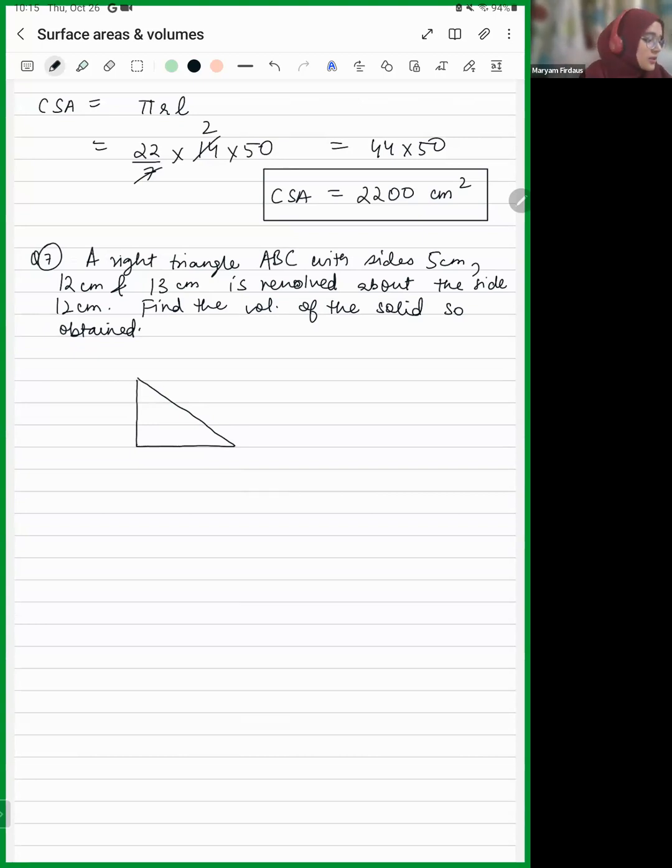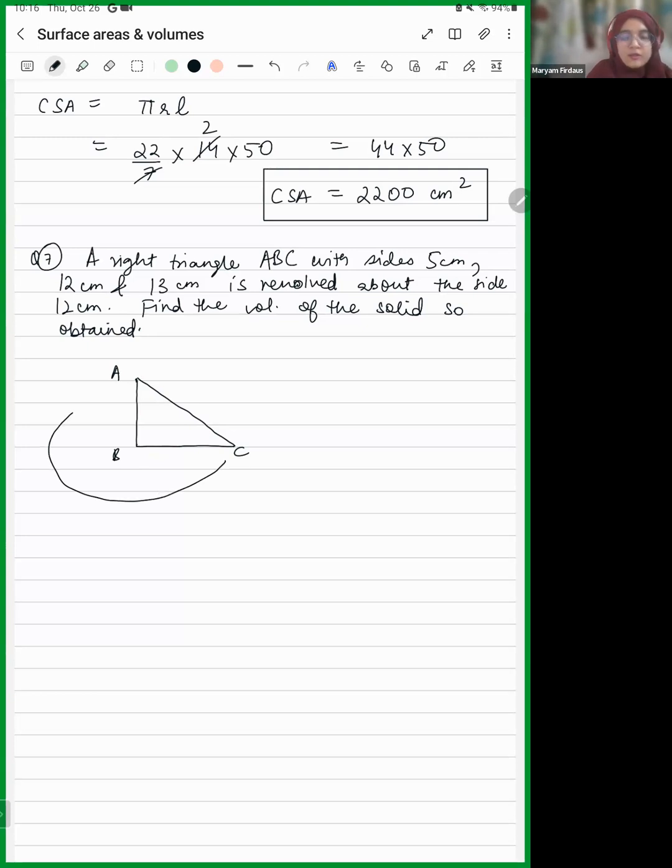Imagine taking a triangle. I don't have a triangle over here, but imagine you have this triangle A, B, and C. You are picking that triangle up and fixing it at A, and you are letting this CB revolve.